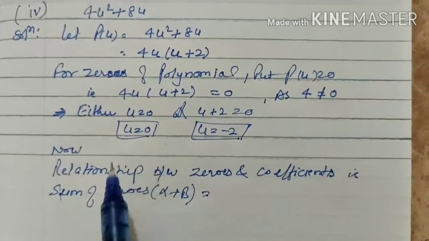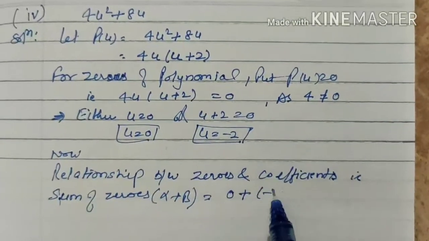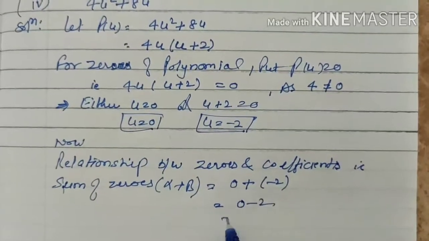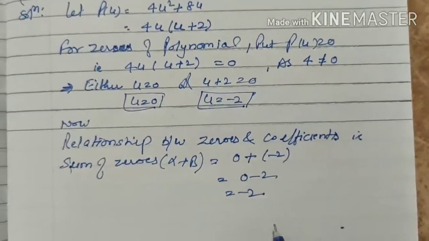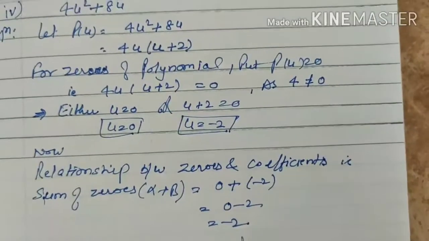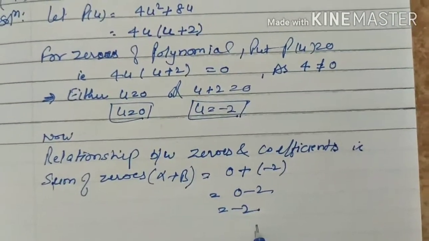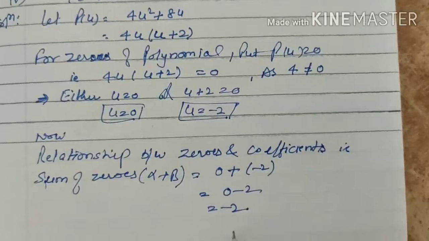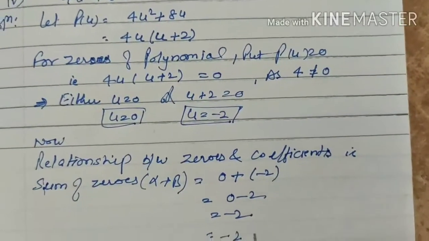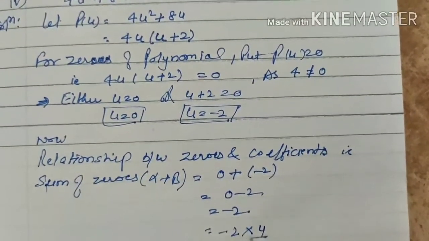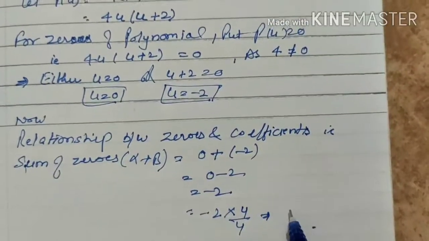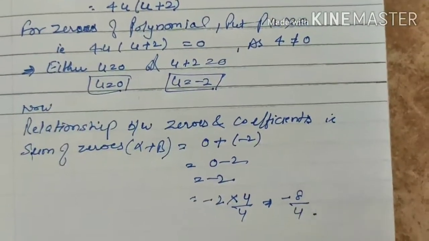So here alpha is 0, so 0 plus beta is minus 2. So this will become 0 minus 2, which is minus 2. We can multiply it by 4 by 4, minus 2 into 4 by 4. We can write it as minus 8 by 4.